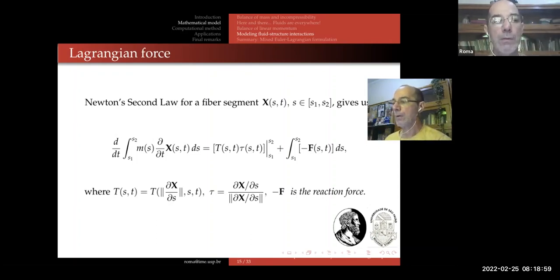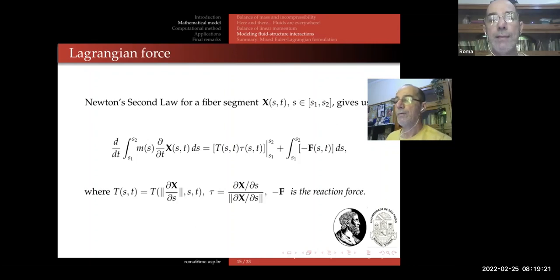So the rate of change in time of the total linear momentum of that little segment of immersed fiber equals the resultant of external forces and forces at the ending points, right?